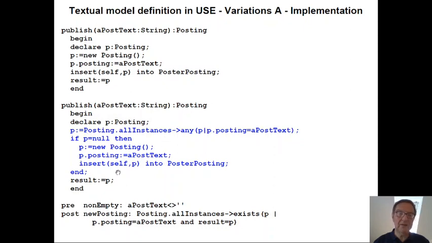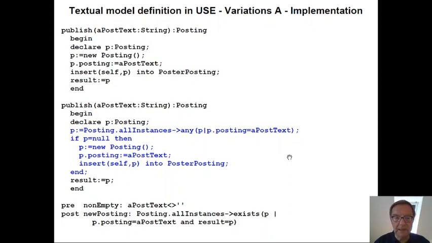In blue, I have indicated another implementation for this operation. So you see the signatures for both operations here are identical. And what I have changed here is more or less the inner part.